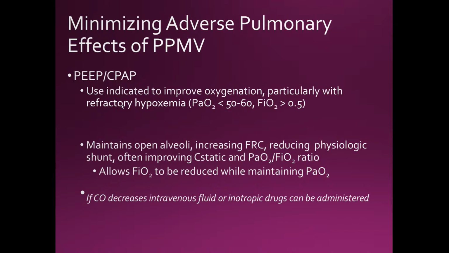So if they're shunting, we need to splint that open, and if they have refractory hypoxemia, it's going to look like this. Your FiO2 is going to be greater than 0.5 or 50%, so you're going to crank up the percent oxygen, and your PaO2 is going to be less than 50 to 60, in the 50s and 60s.